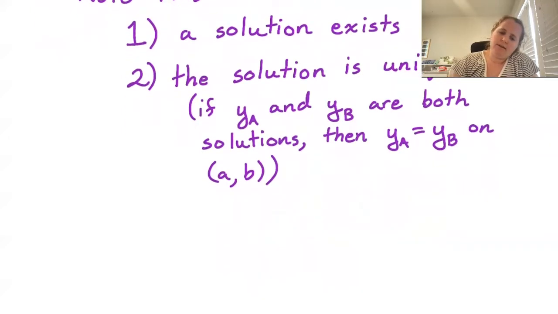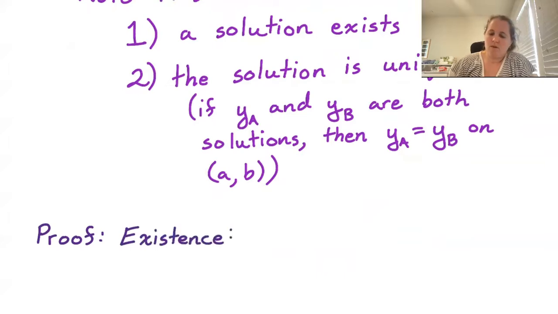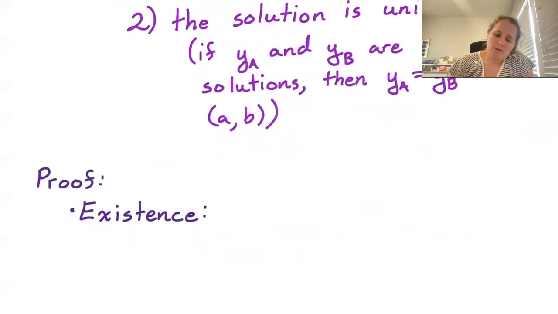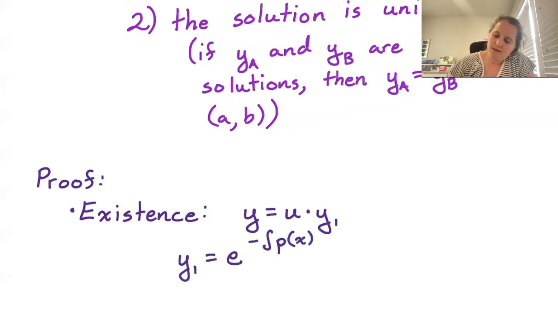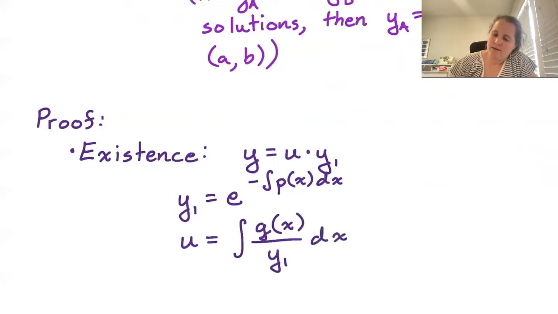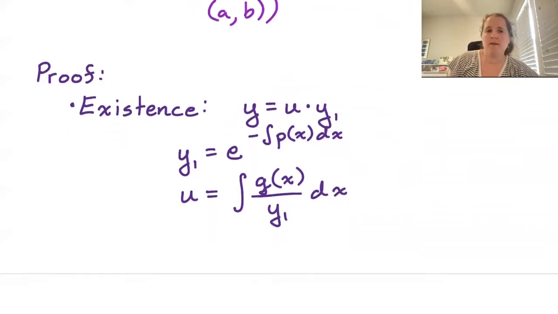So for the existence, we have already seen that y equals u times y1, where y1 is equal to e to the negative integral of p of x dx, and u is equal to the integral of g of x over y1 dx, is a solution, or is the general solution.